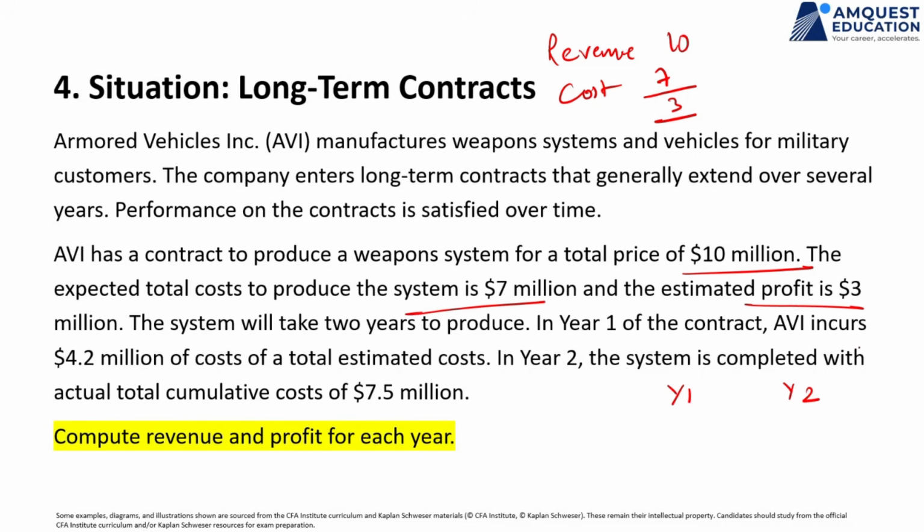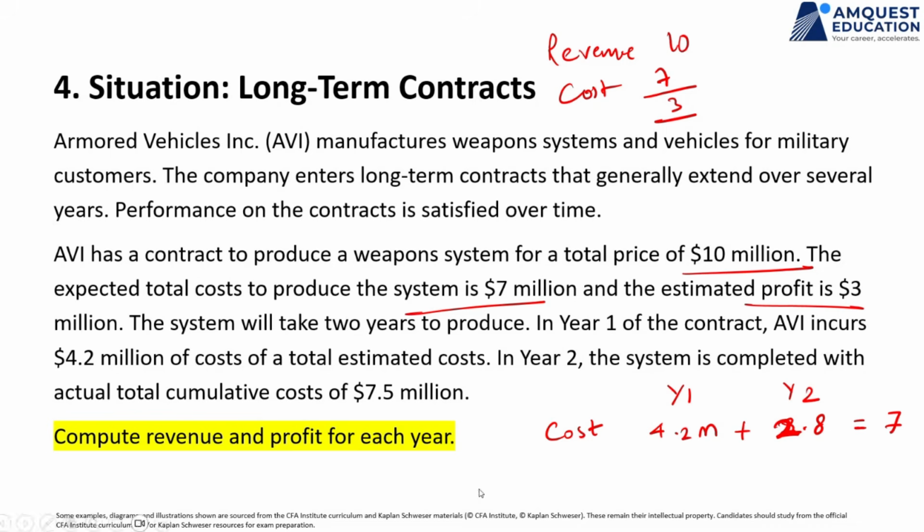In year 1, AVI will incur $4.2 million cost. So cost in year 1 is 4.2, which means in year 2, you will do 7 minus 4.2, which is 2.8, right? Your cost is 2.8 because the total has to be 7.